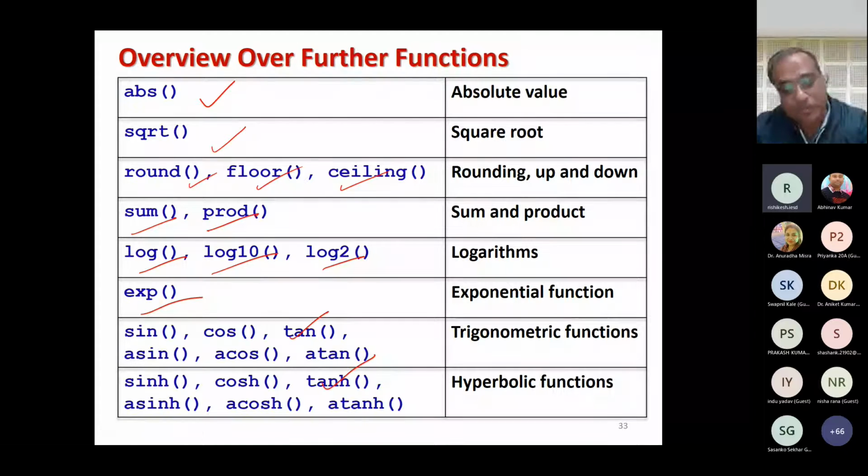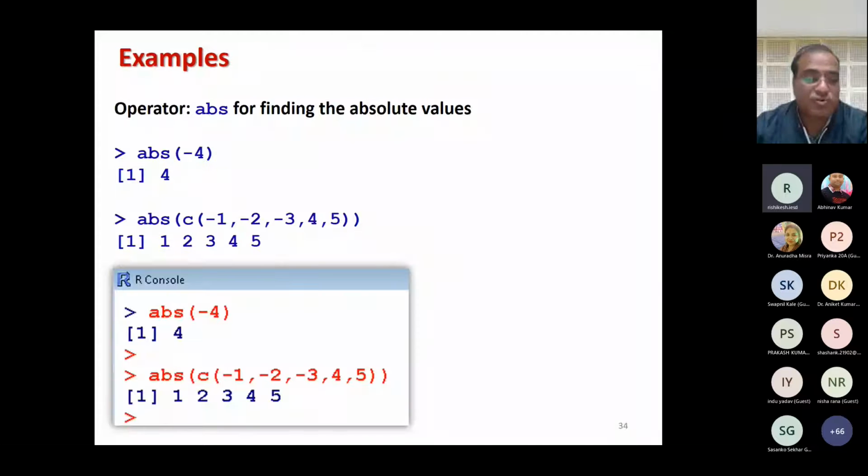All are possible. Let me take some examples to show you how they work. For example, if you want to find the absolute value of a number, say -4, you write ABS and inside the parentheses you write -4, and it becomes 4.